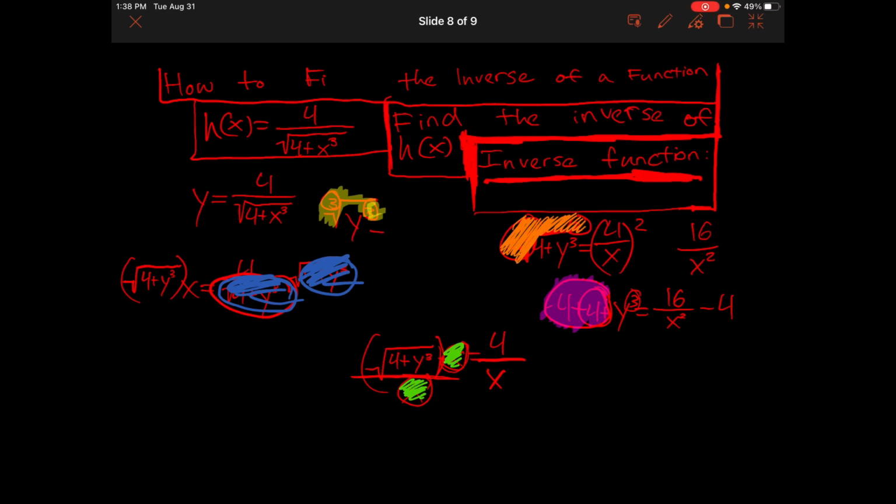We're left with y equals the cube root of 16 divided by x squared minus 4. So it's time to write this as an inverse function. So h inverse of x equals the cube root of 16 over x squared minus 4.